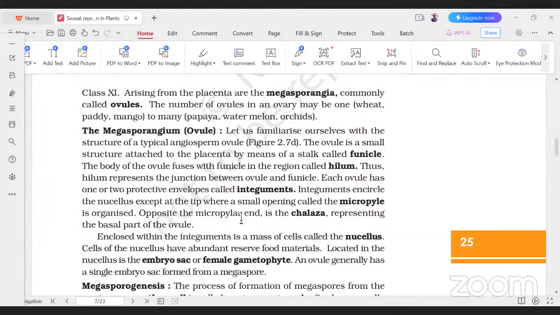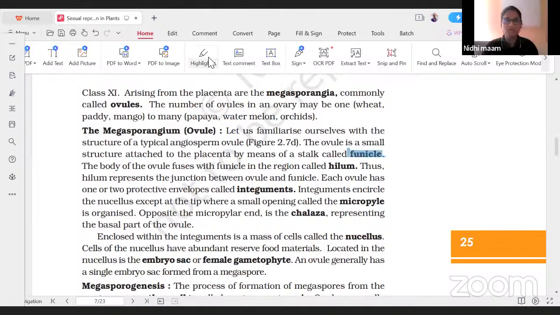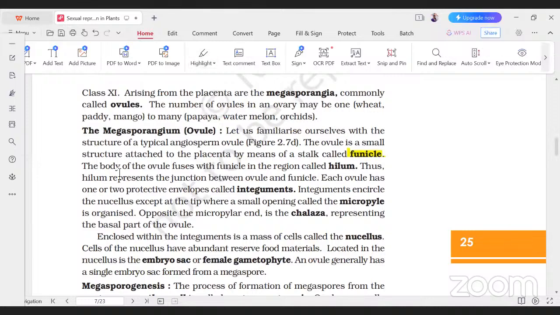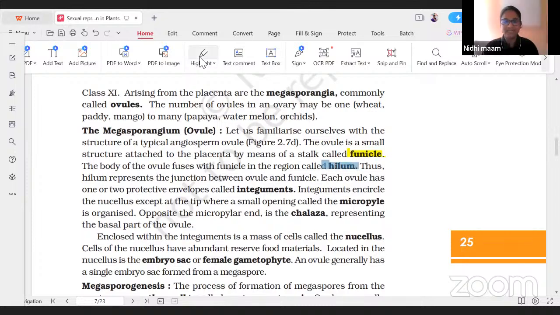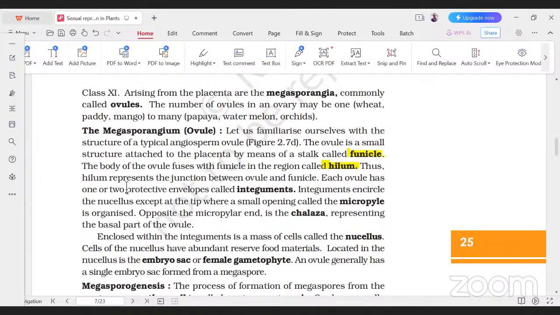The ovule is a small structure attached to the placenta by means of a stalk called the funicle. The body of the ovule fuses with the funicle in the region called hilum. The hilum represents the junction between the ovule and funicle.